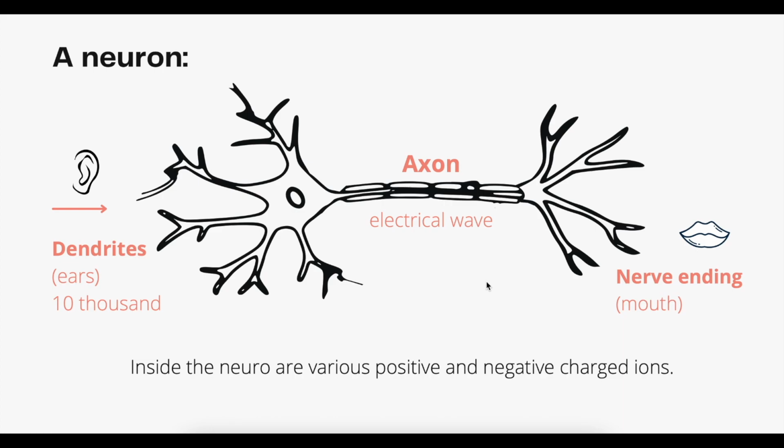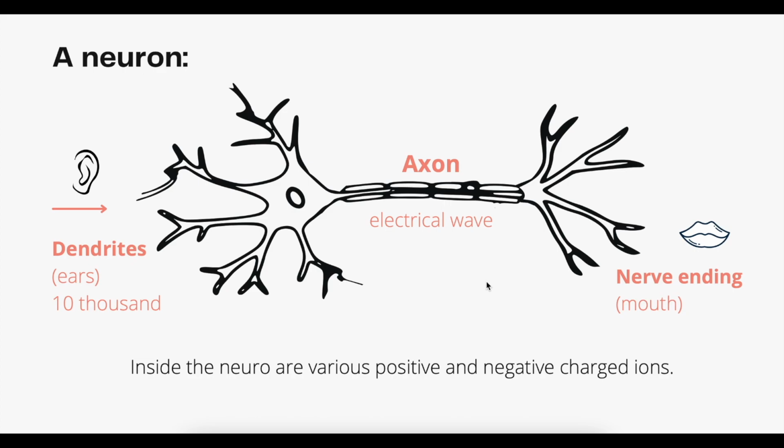The dendrites act as ears and are connected to around 10,000 neurons. That's not a joke. The nerve endings act as a mouth. Think of it as if the dendrites act as ears and can hear what another neuron has to say.